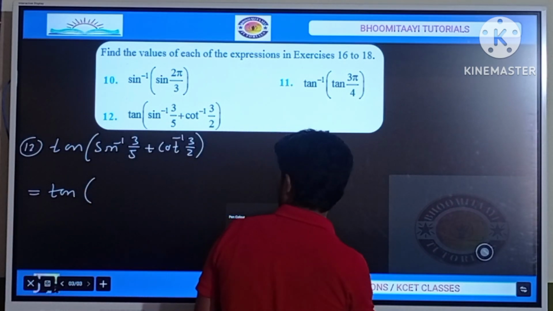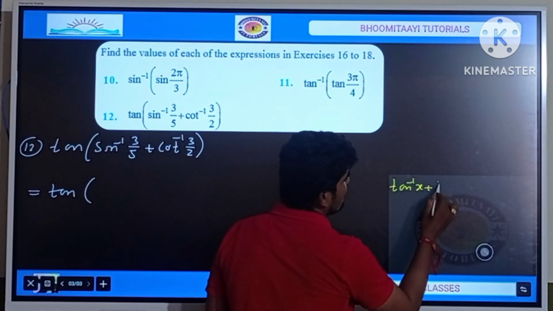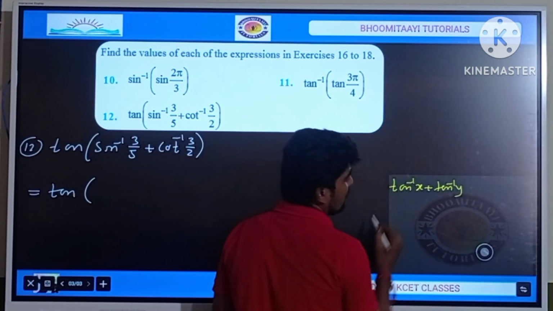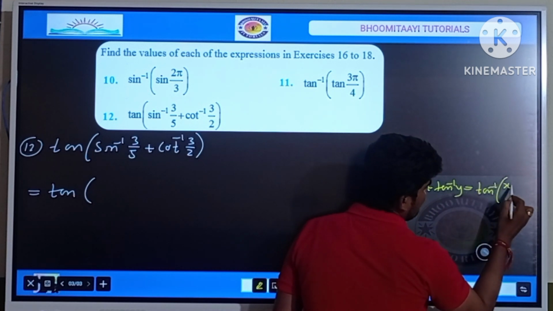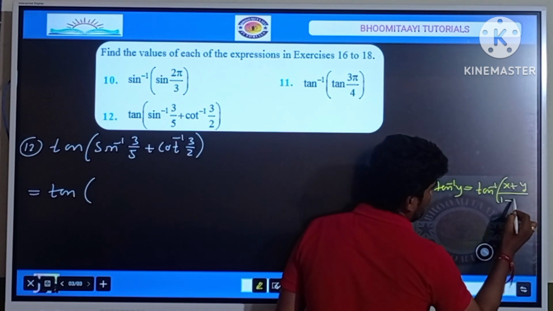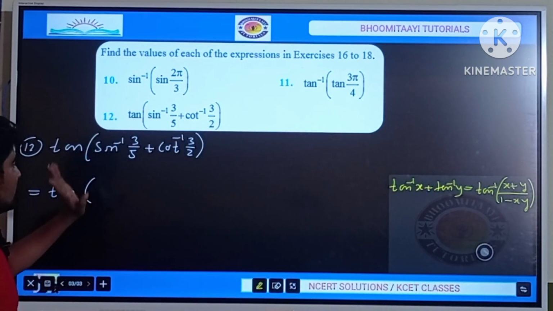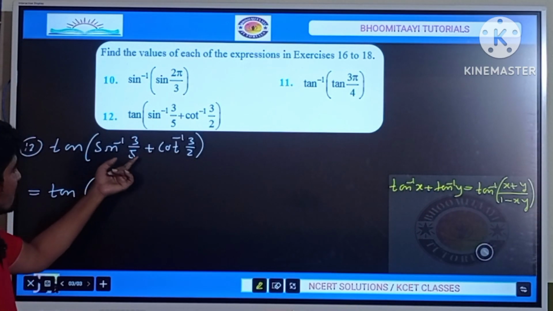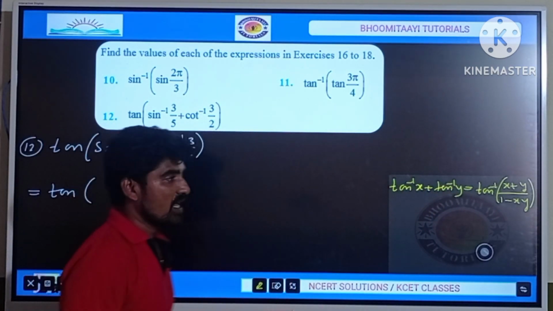The required formula is tan inverse x plus tan inverse y is equal to tan inverse of x plus y divided by 1 minus xy. So to find the value of this, first we need to convert the term inside the bracket to the form tan inverse x plus tan inverse y.